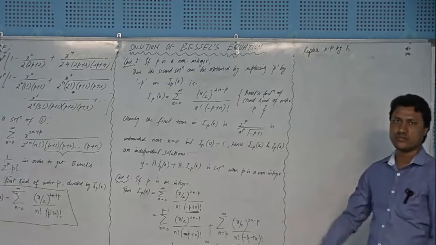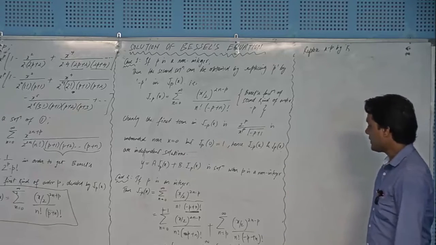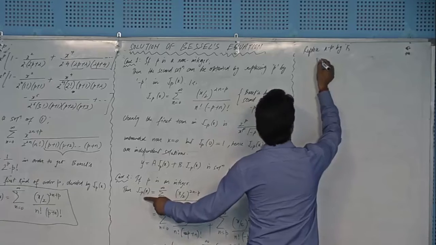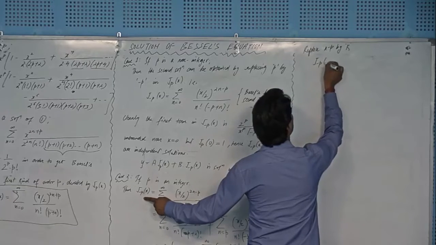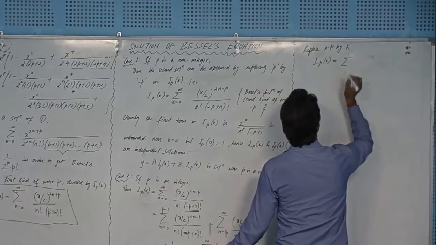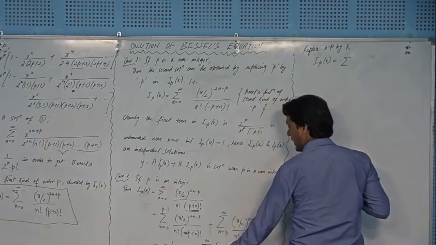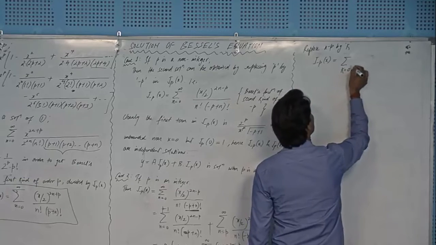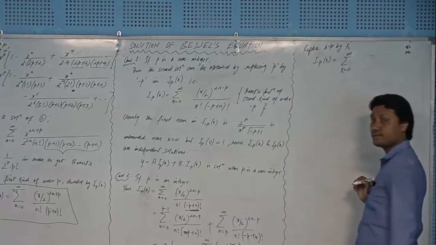That will start from 0 to infinity. So what will happen? This summation, it was J of minus p of x equal to this summation, the lower limit was n equal to p, and it will become now k equal to 0 to infinity, right?